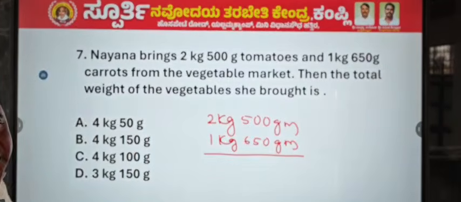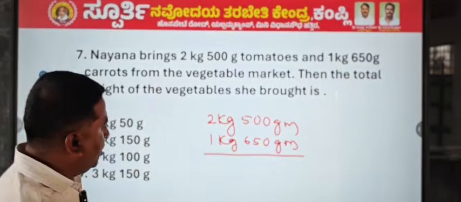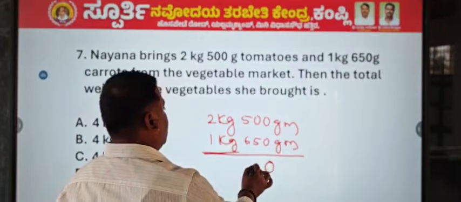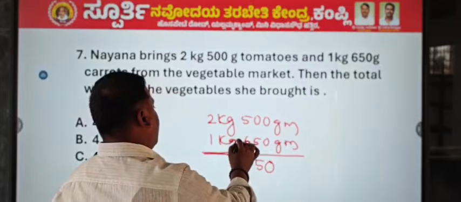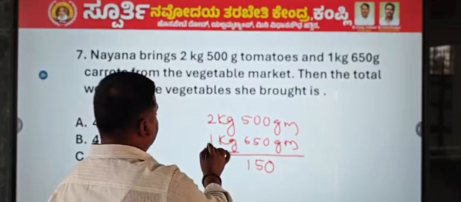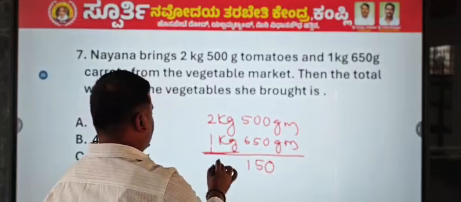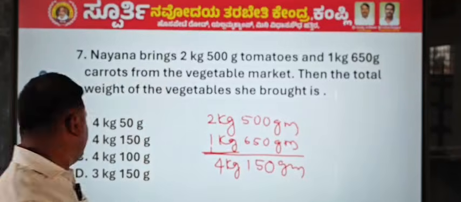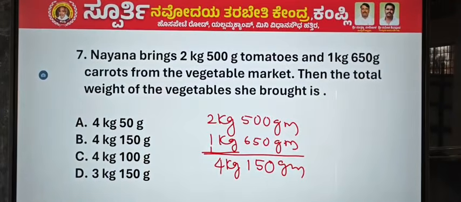Then the total means what you have to do? Total means you have to add these two. What you will get? 0, 5, 5 plus 6 plus 5, 11. 2 plus 1, 3, 3 plus 1, 4. 4 kg 150 gram. See, you see the options here.